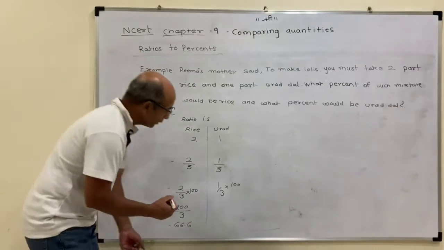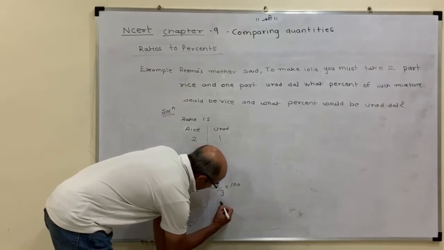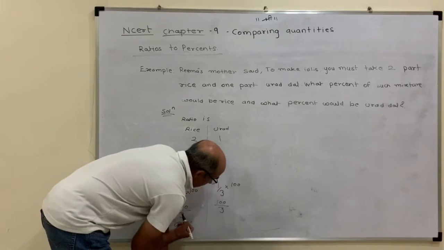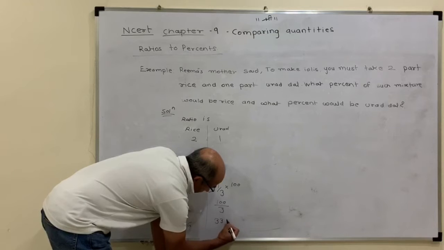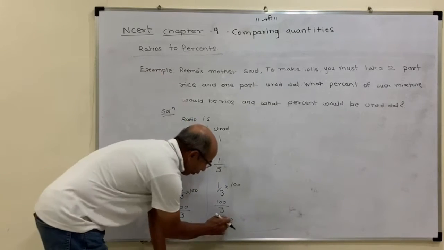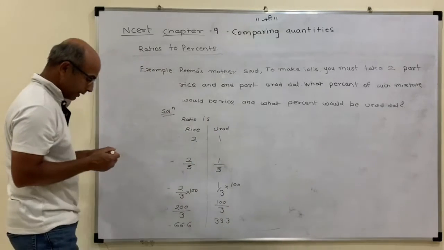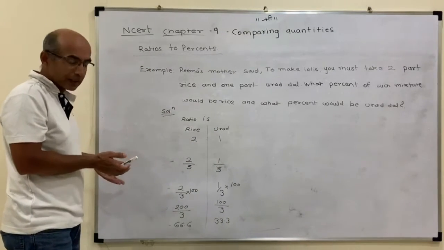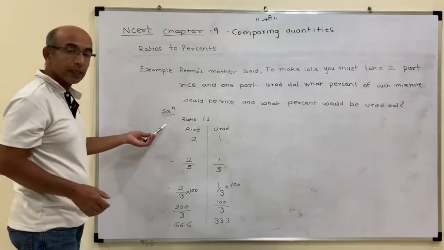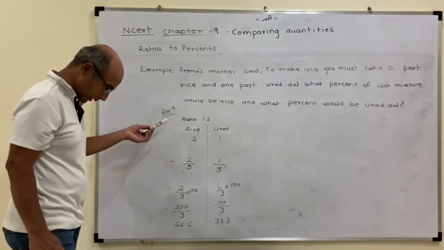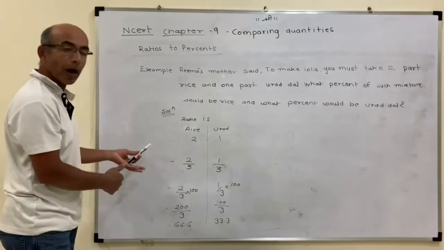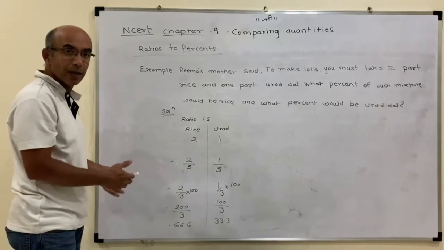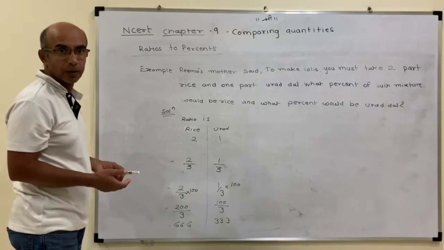Now I do the calculation for the urad dal. 100 divided by 3. 3 3s are 9, so 33, 333. Now if I want to put it to one decimal place, 66.6% is the rice and 33.3% comes out to be the urad dal. If I add both of them together, it becomes 100%.